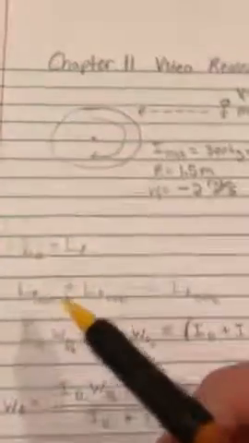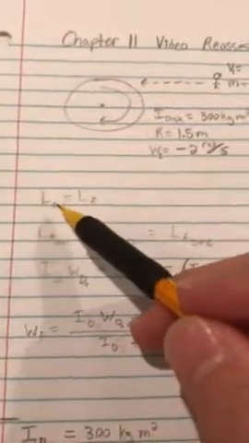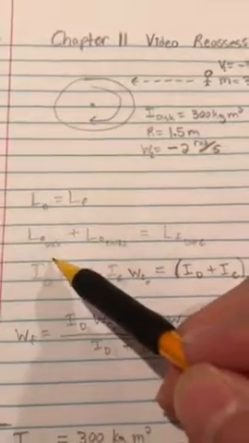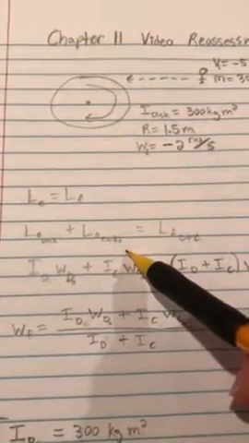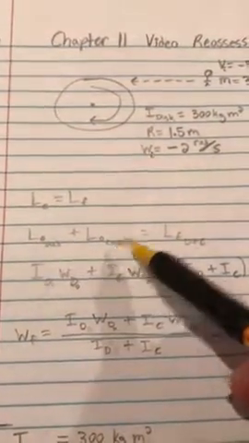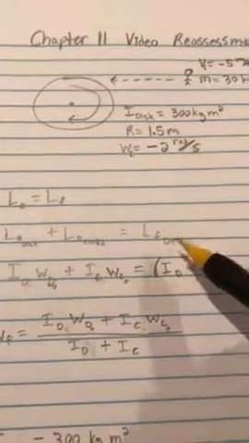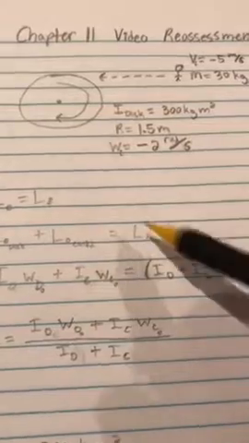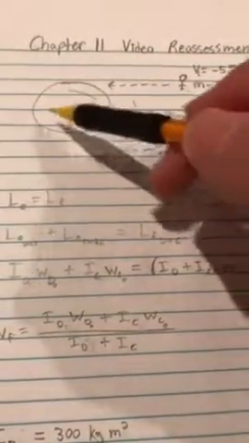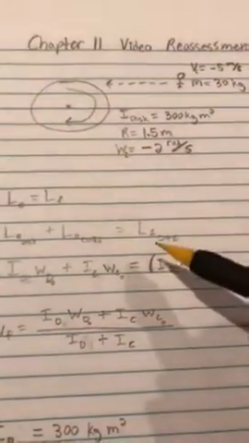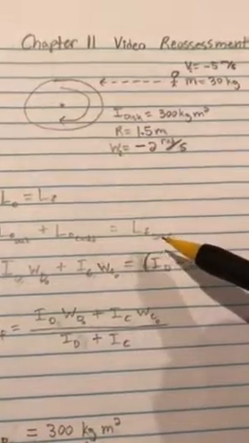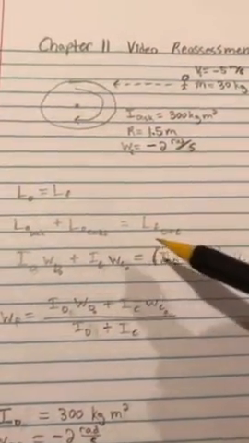What's going to be in our system is the disk and the child. So we're going to have the initials of both equals final disk plus child, and we have only one term here because once the child jumps on the disk, that's going to be one thing. So angular momentum final is disk plus child, and they're not separated.